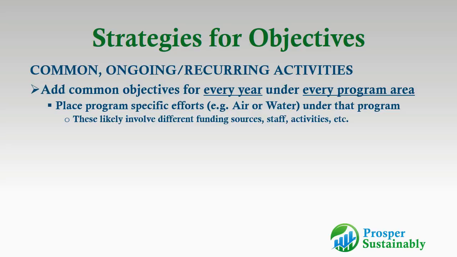You need to have at least one objective related to education outreach under air, if you are doing those activities, for every year. And same thing for water. Those are probably funded under 106 or 319, and probably done by different staff, but you want to have a separate water resources education outreach objective under your water resources program for every single year.